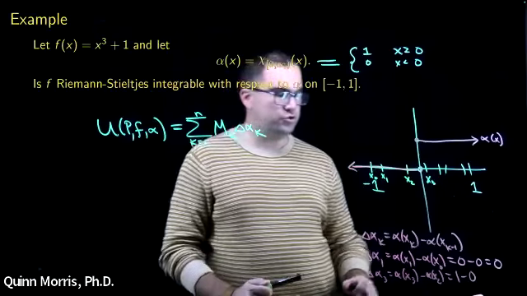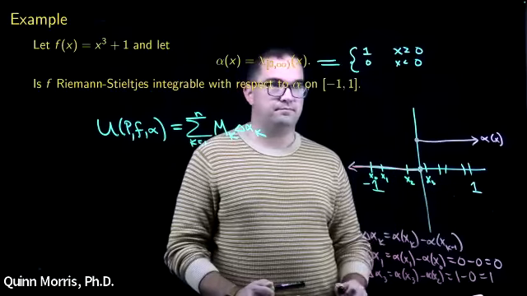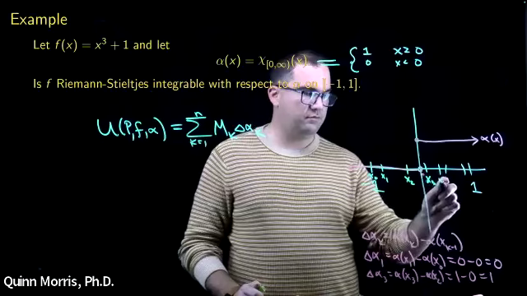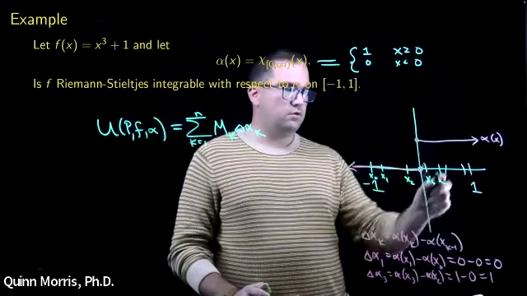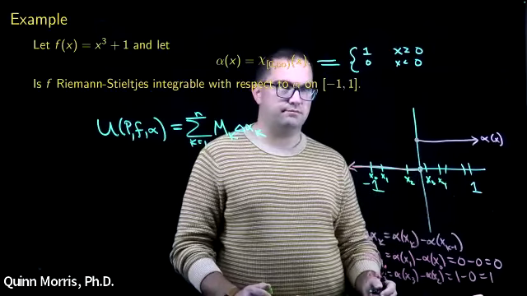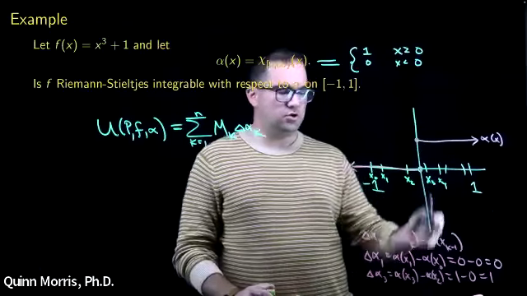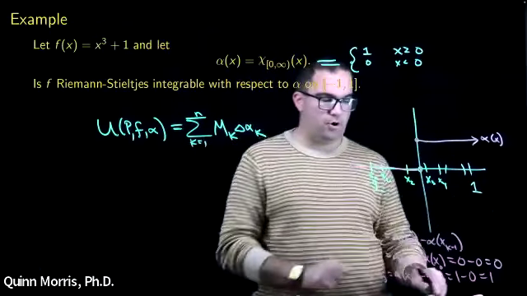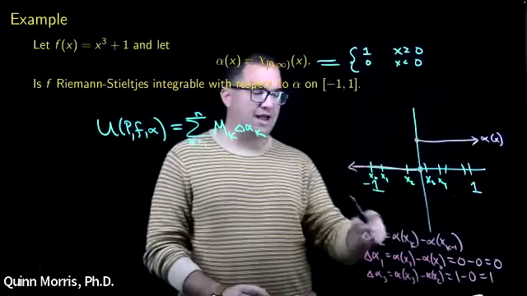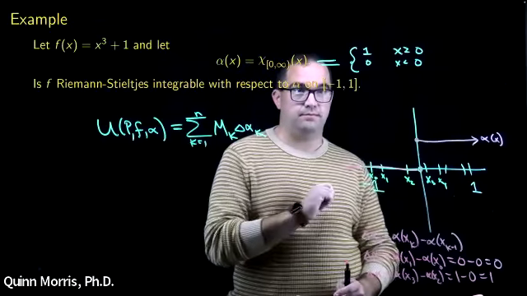Alpha of x sub 2 is 0. So delta alpha 3 will be 1. But then if you go to delta alpha 4, well, alpha of x sub 4 is 1. Alpha of x sub 3 is 1. 1 minus 1 is 0. Same thing here. So what you get for this particular partition that I've drawn is that all of the delta alpha k's are 0 except for one of them, and it's 1.